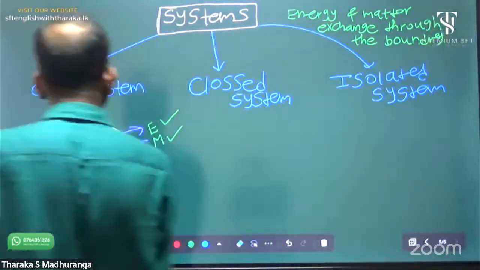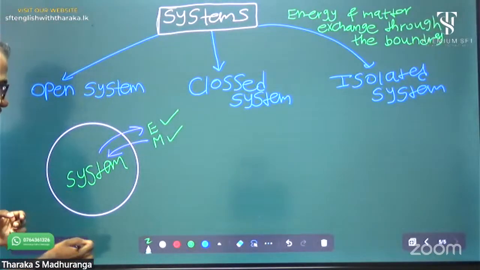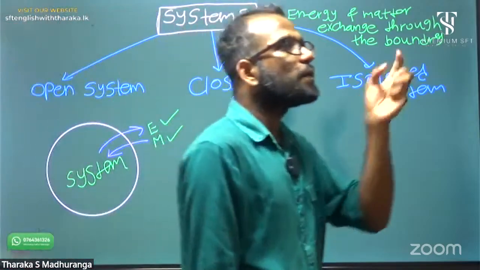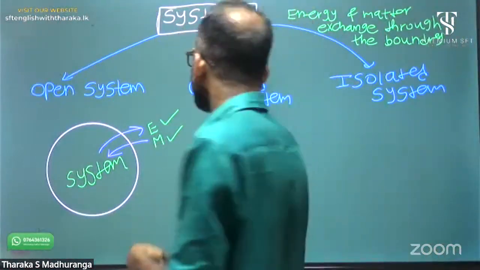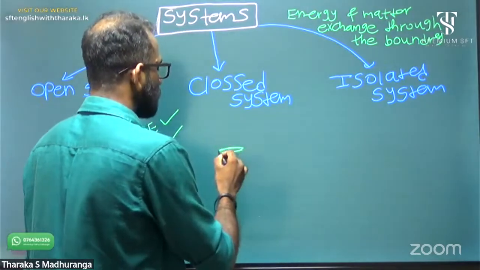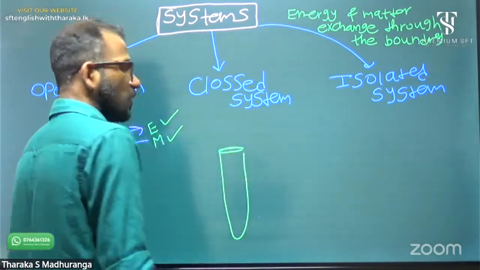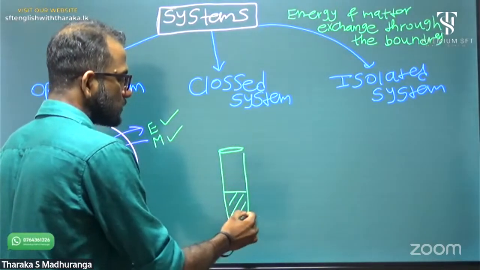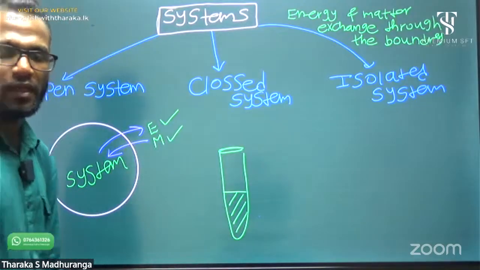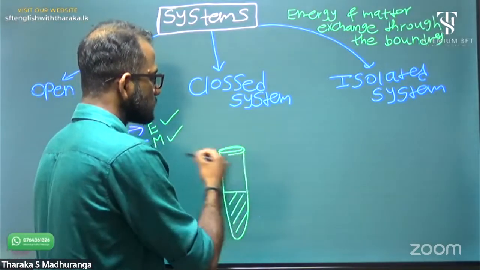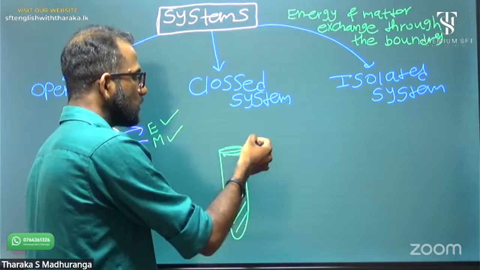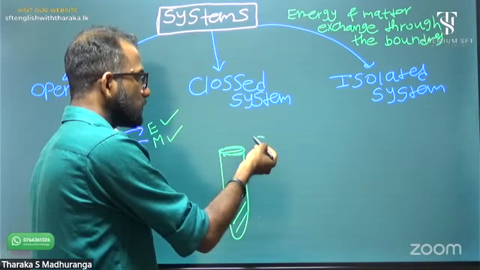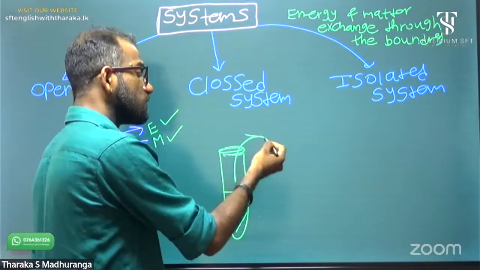Right? What are the examples for open system? If I take an open test tube, with whatever reactants, it's possible to release some gases.